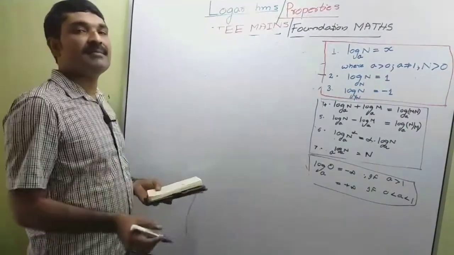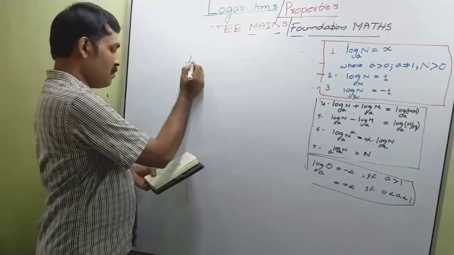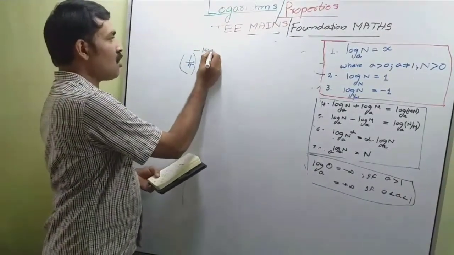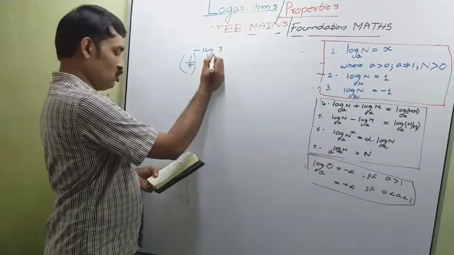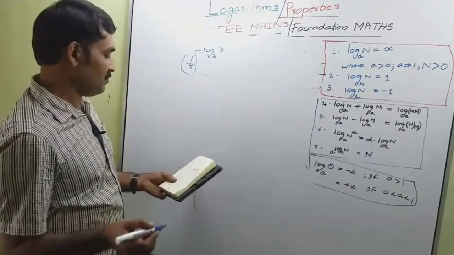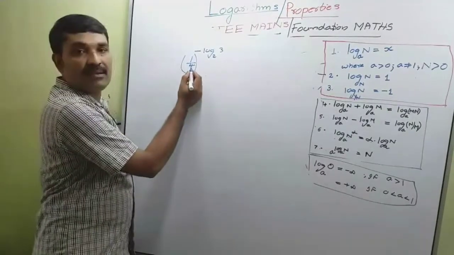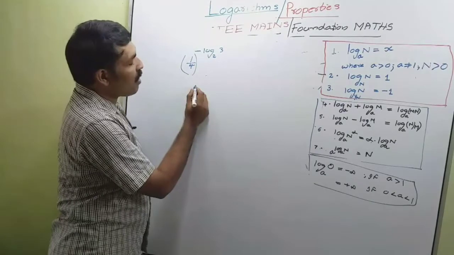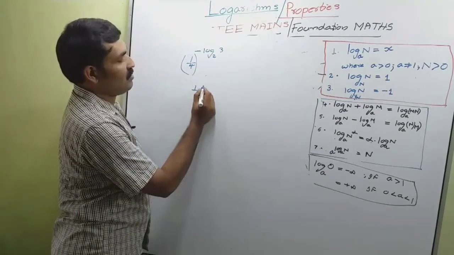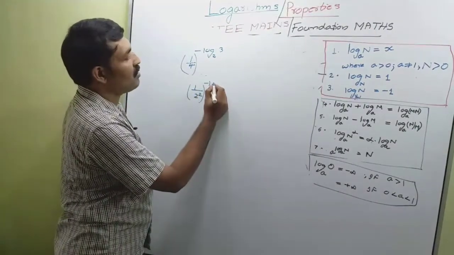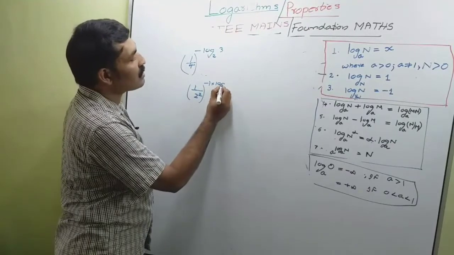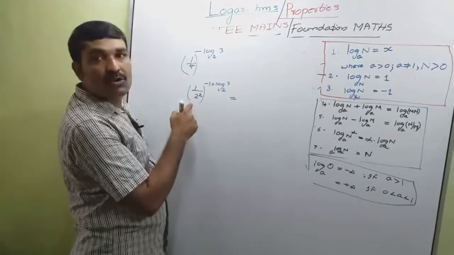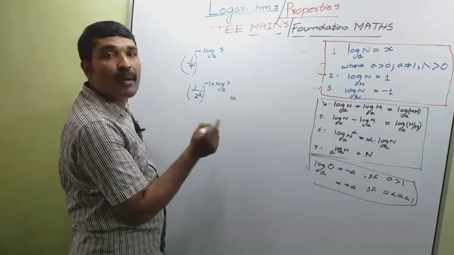Consider the question 1 by 4 whole raised to minus log 3, the base is 2. We can write 4 as 2 square, so 1 by 2 square whole raised to minus 1 into log 3 to the base 2. This 1 by 2 square can be written as 2 raised to minus 2.